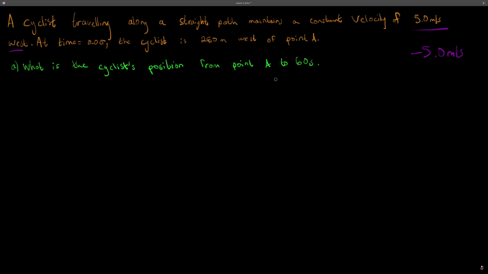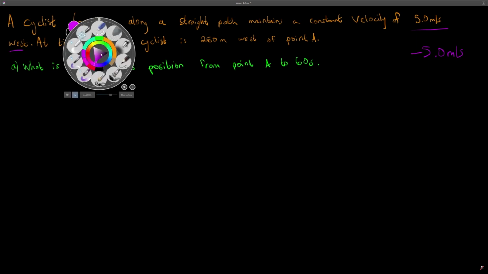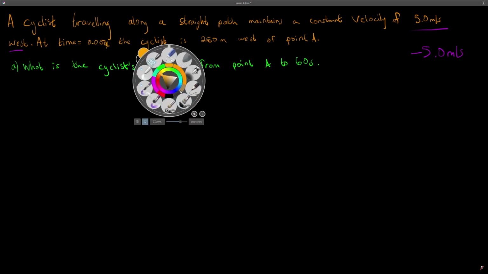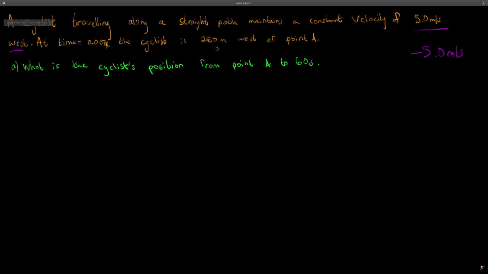And at a time interval of 0.0 seconds. So this is 0 point 0 seconds, not 0.05. Make it more clear. At 0.0 seconds, so at t is equal to 0, the cyclist is at 250 meters west, so negative again, so negative 250 meters of point A. So if we actually wanted to draw this, then the graph would look somewhat like this.